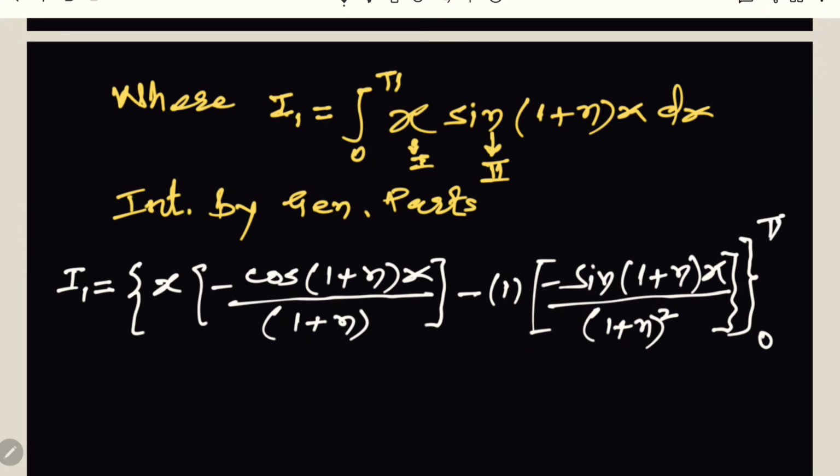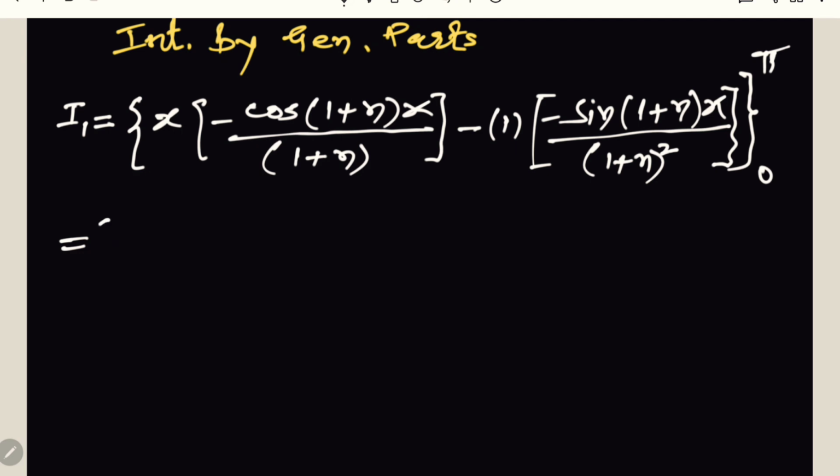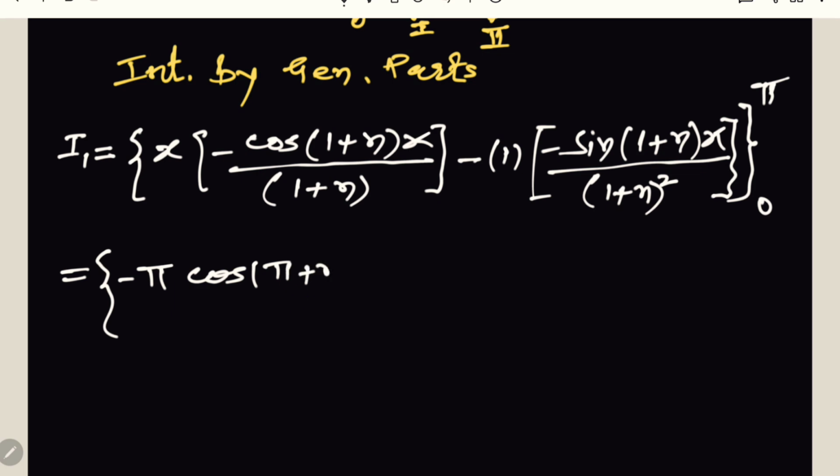Substituting the upper limit first, we get minus pi into cos of pi plus n pi if we multiply it inside and divided by 1 plus n.